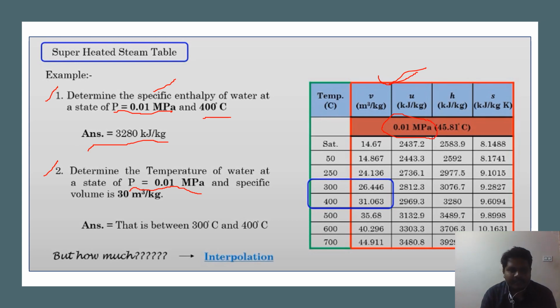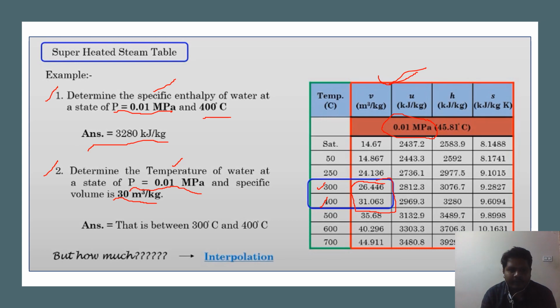We have to find the temperature at a pressure of 0.01 megapascal and specific volume of 30 meter cube per kg. If you look at the table on the right side, there is no 30 meter cube per kg. 26.446 is there and 31.063 is there. So the value will be between 300 degrees centigrade and 400 degrees centigrade.